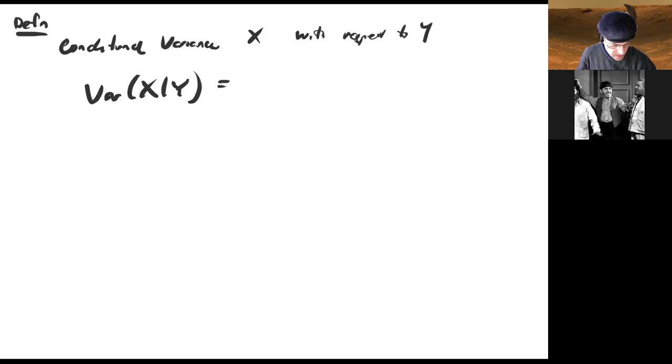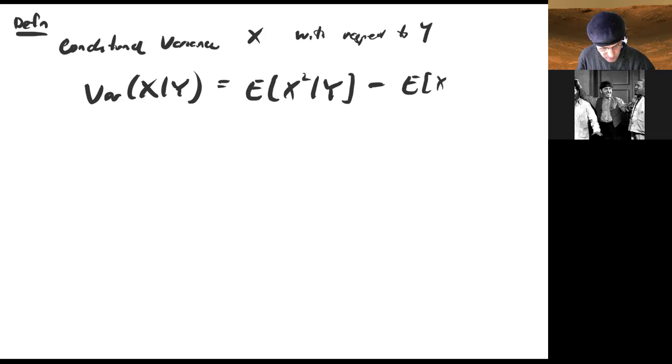It's the expected value of X squared conditioned to Y minus the expected value of X conditioned to Y, and we square it. So it looks very similar to the unconditioned version. And I want to relate this.